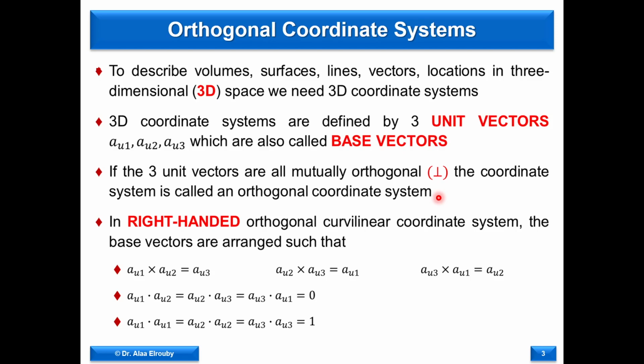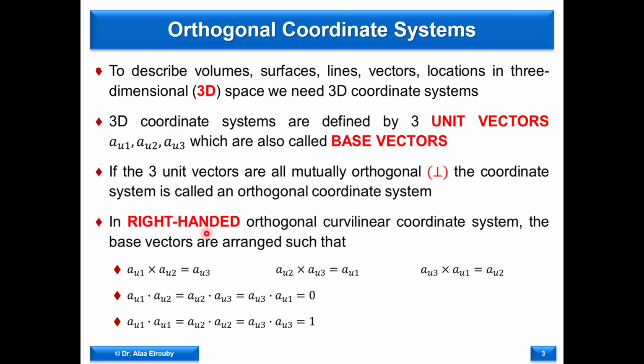But we care about those 3 major ones. Those are the essential ones. I know that there are others, but they are used for some special figures or special systems.